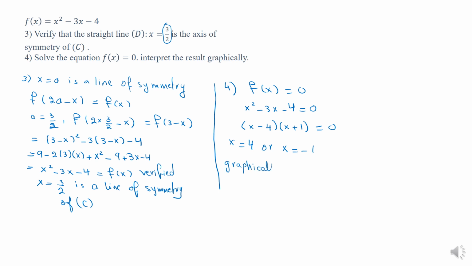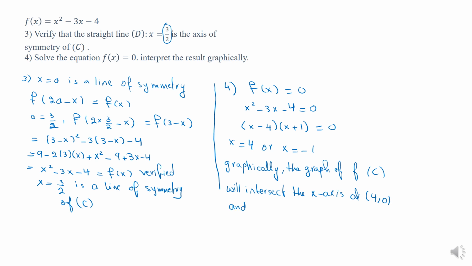what does this mean? This means that the graph of f, C, will intersect the x-axis at (4, 0) and at (-1, 0), because when x is equal to 4, f of x is 0, means y is 0, and when x is negative 1, f of x is 0, means y is 0.